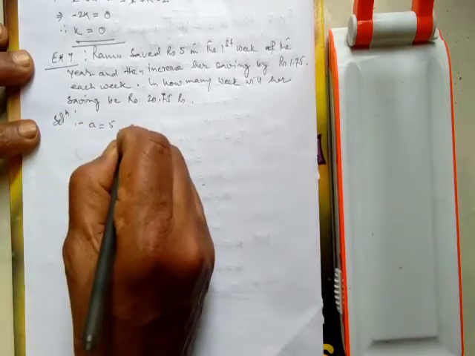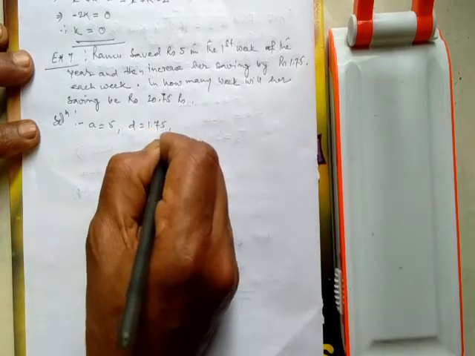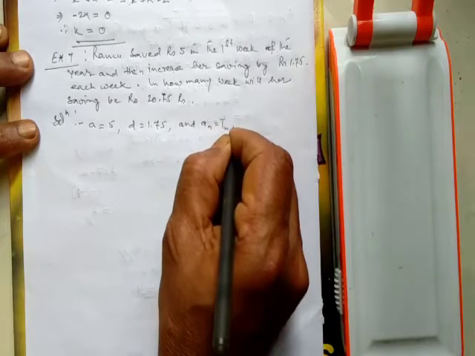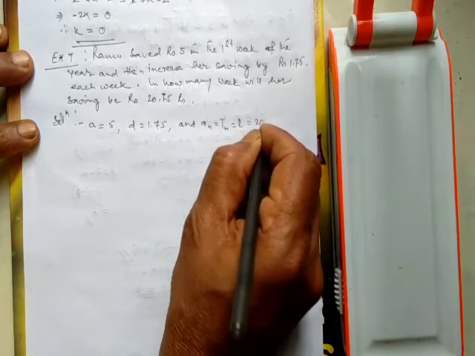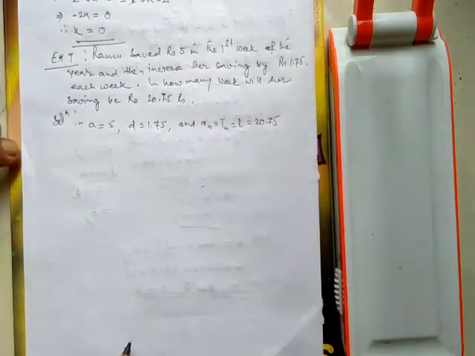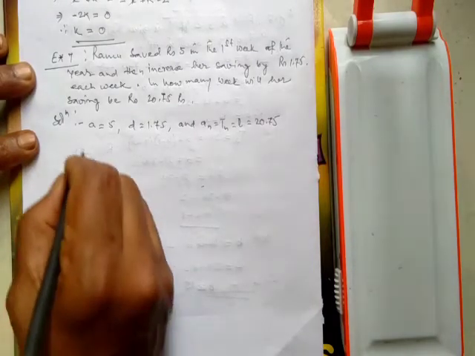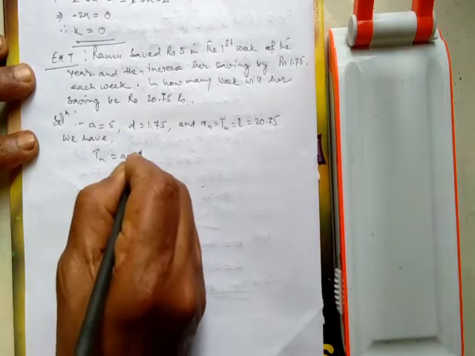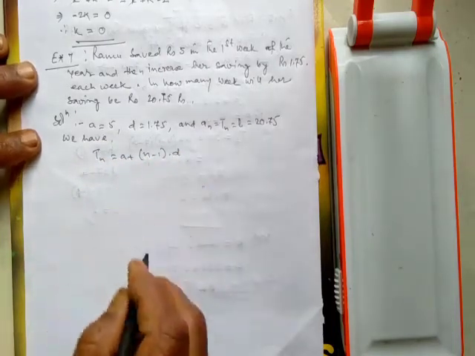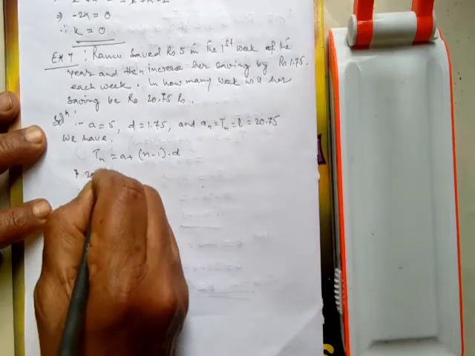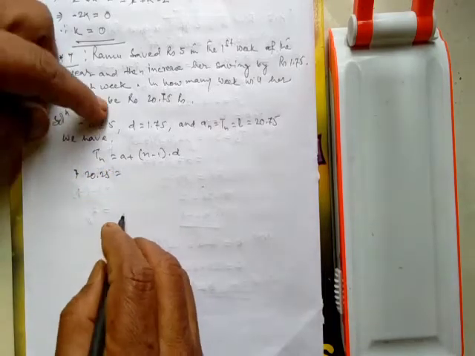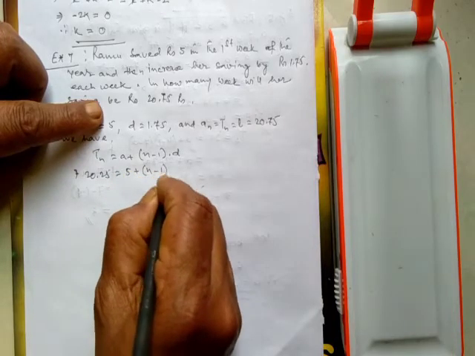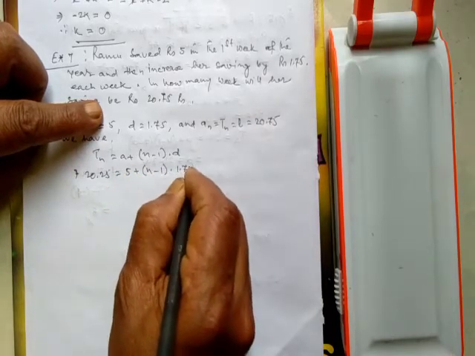Solution. A is equal to 5, D is equal to 1.75, and the last term T n, that is L, I can also write is equal to 20.75. We have T n is equal to A plus n minus 1 into D. This implies 20.75 is equal to 5 plus n minus 1 into 1.75.